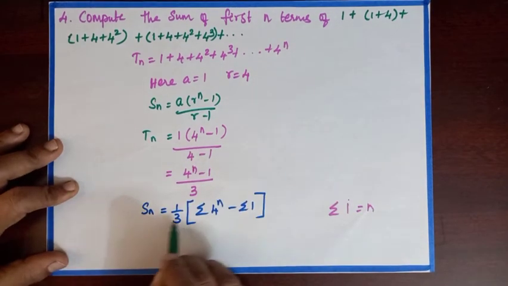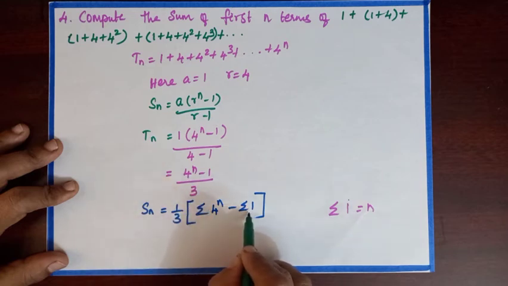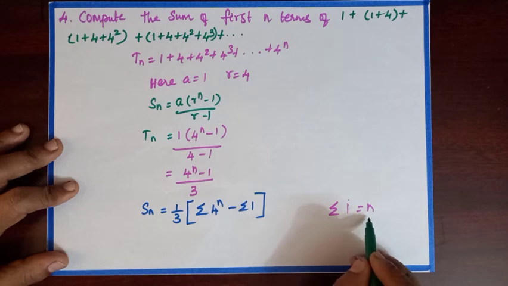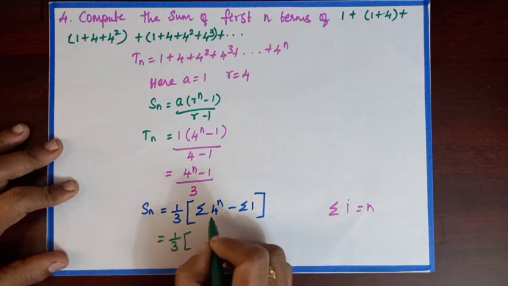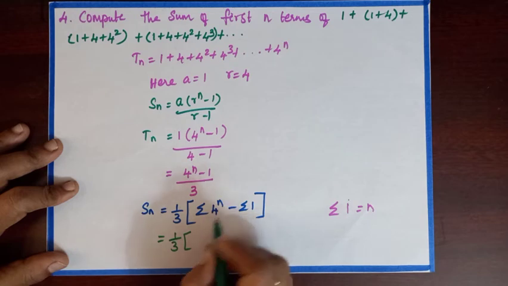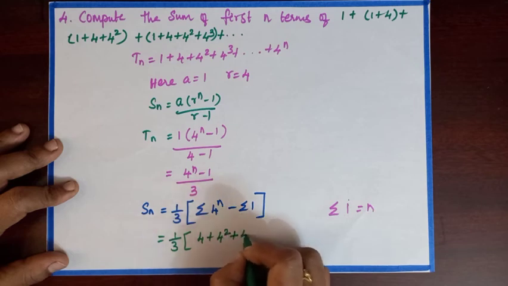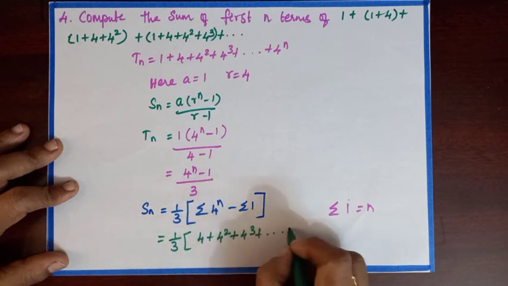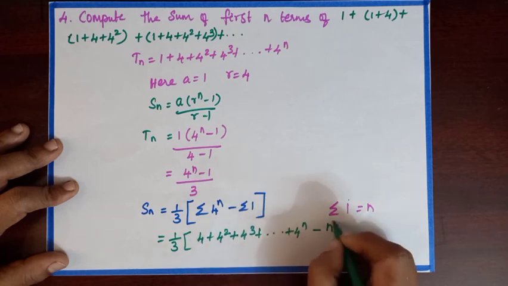Sn equal to 1 by 3 into summation of 4 power n minus summation of 1. We know that summation of 1 is n. 1 by 3 into, we are going to give the value of n as 1 to n. So we get 4 power 1 is 4 plus 4 square plus 4 cube plus dot dot 4 power n minus summation of 1 is n.